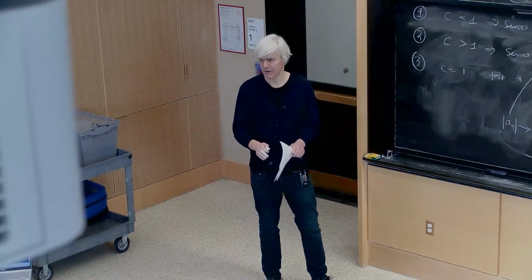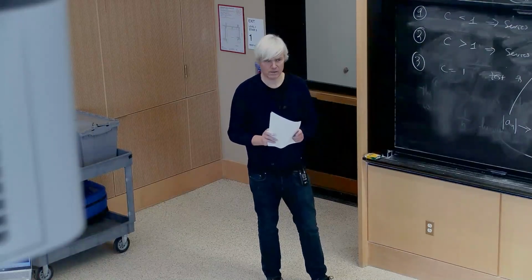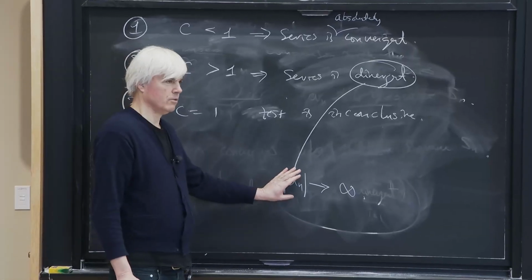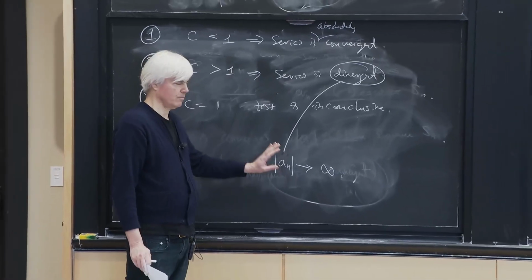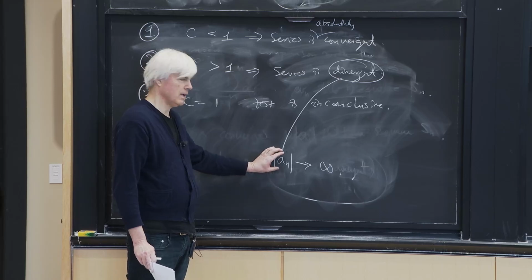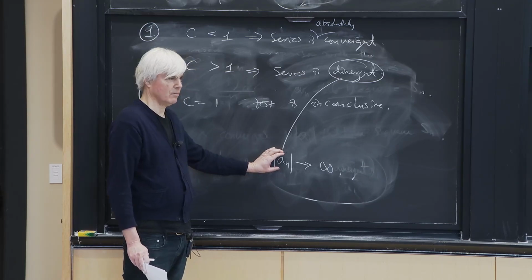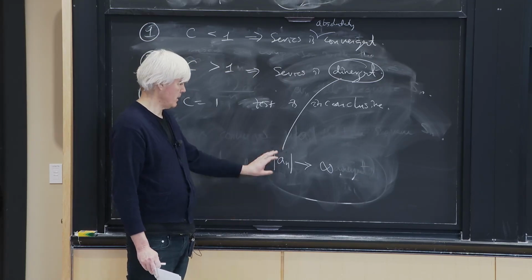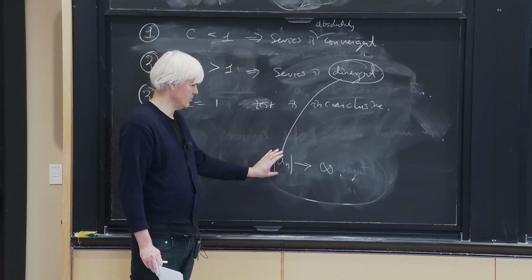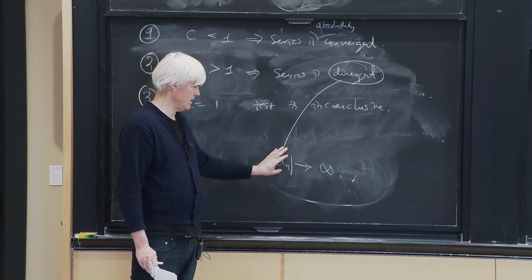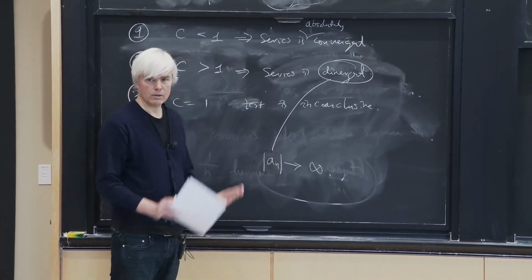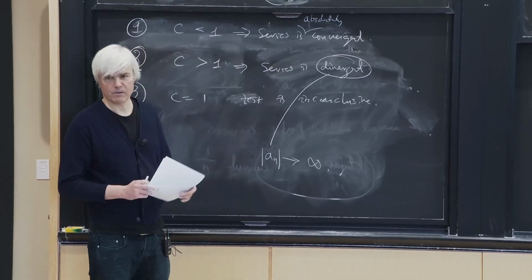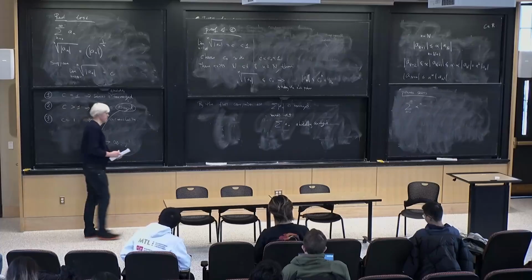If the series was converging, the most basic thing is that the a_n has to go to 0. Otherwise, it's not going to converge. But in fact, not only do they not go to 0, they actually, in absolute value, go to infinity. So it's very, very far from being convergent.